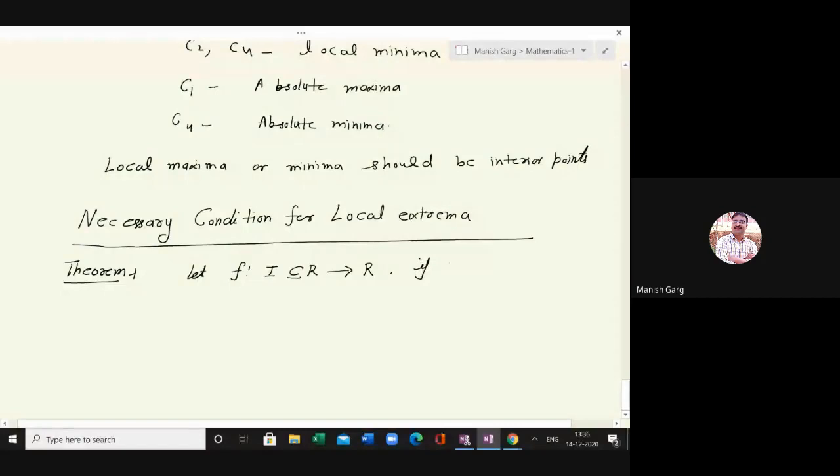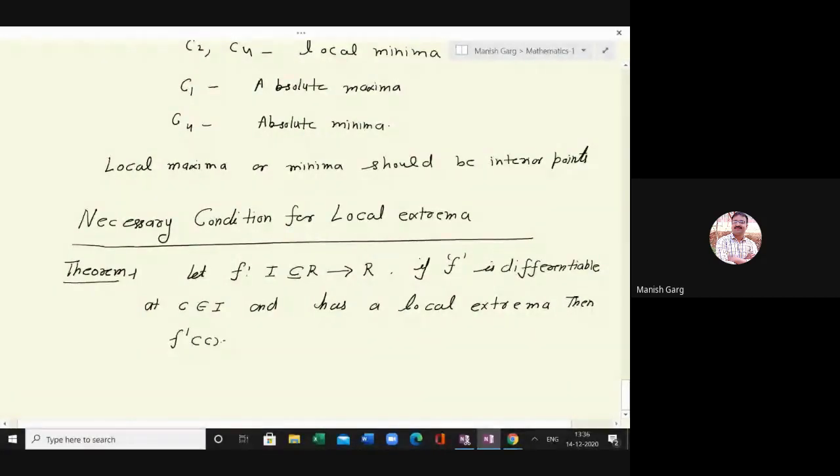If f is differentiable, first, it should be differentiable at a point c, an element of I, and has a local extremum, then f dash c is equal to 0.